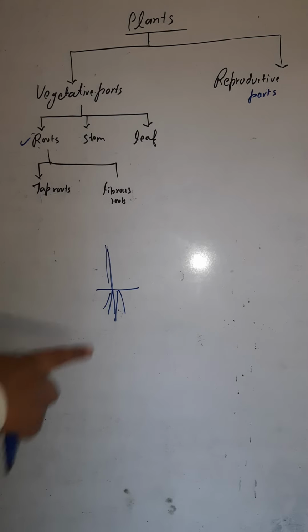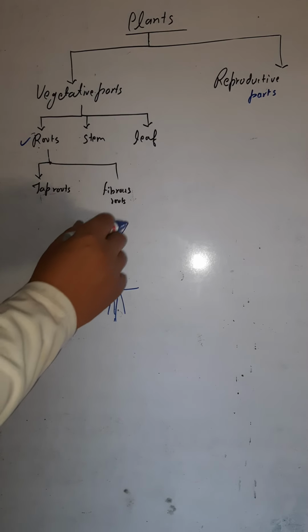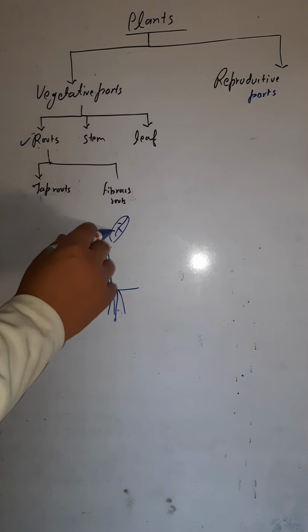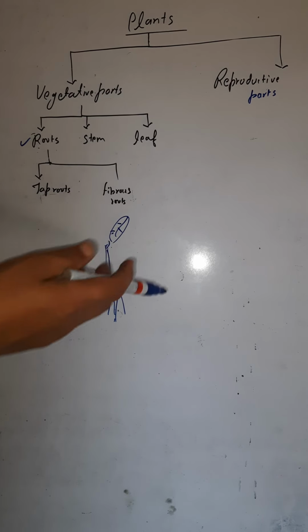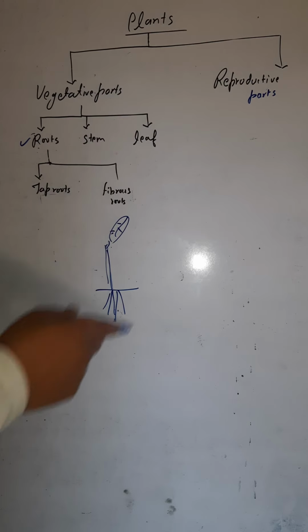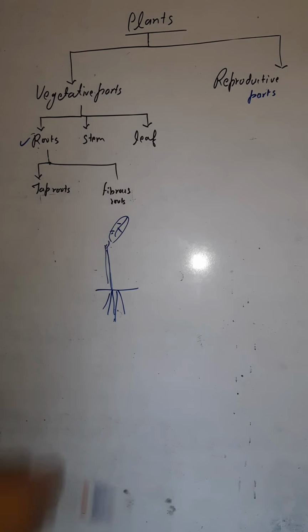One more function of the root is there. Suppose this is the plant and here you have the leaf. Where does the food production of the plant take place? It takes place in the leaf. But for the production of food, the leaf needs water also. So how would the water go to the leaf?